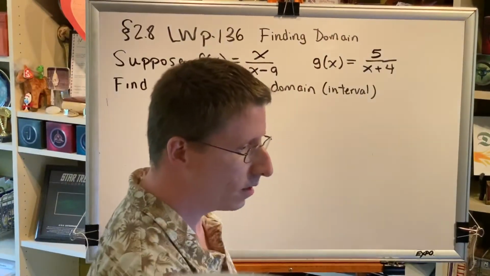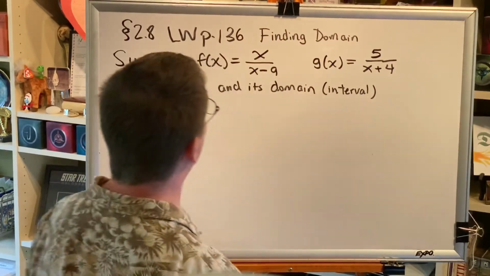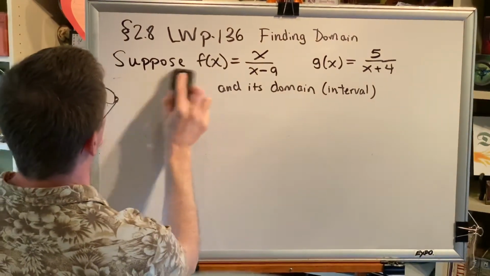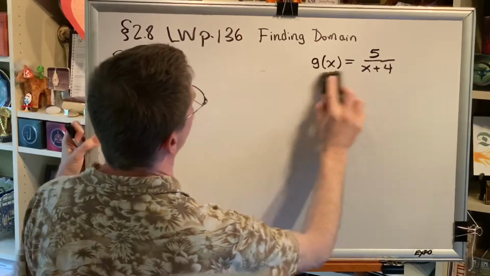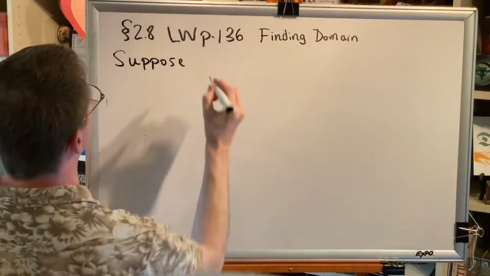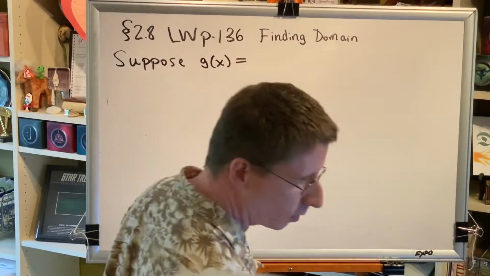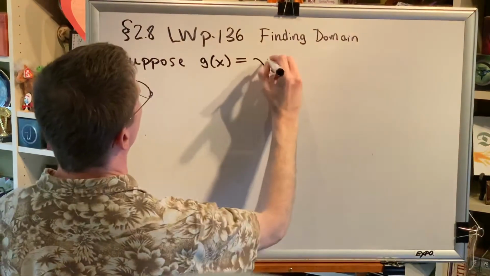Let's do the problem that is in the middle. Suppose that the functions g and f are defined as follows. G of x is equal to x plus 4.